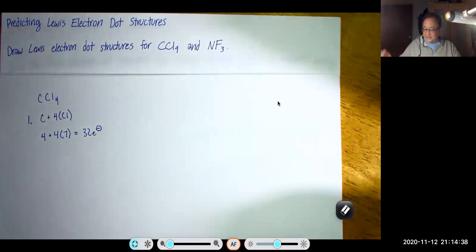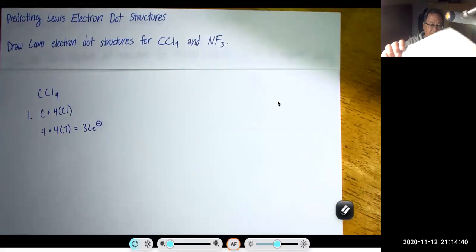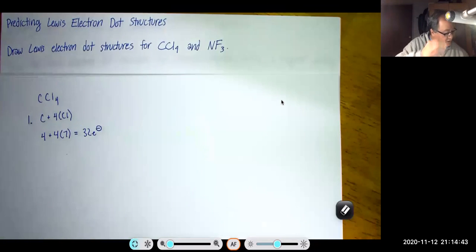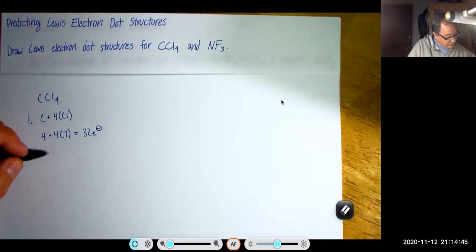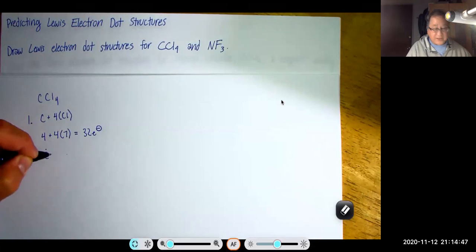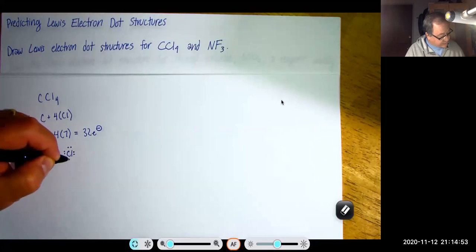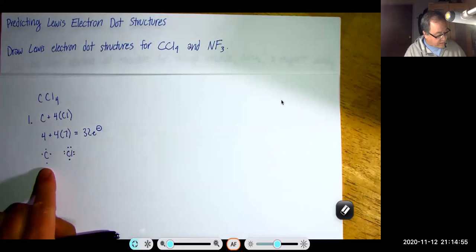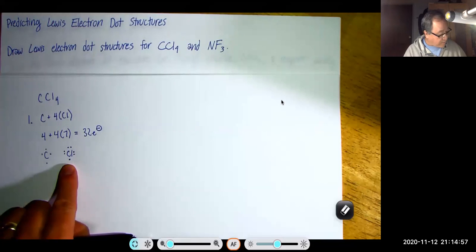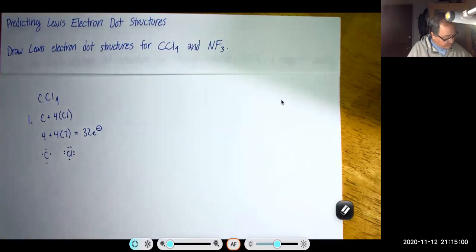Now, which of these tends to make more bonds? And the answer is, well, carbon has 4 valence electrons and it tends to make 4 bonds. Chlorine has 7, but only 1 single. So here, 4 singles, 4 bonds, 1 single, 1 bond. So you're going to put carbon in the middle.